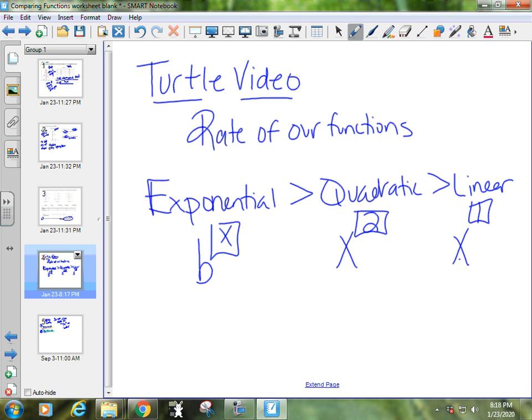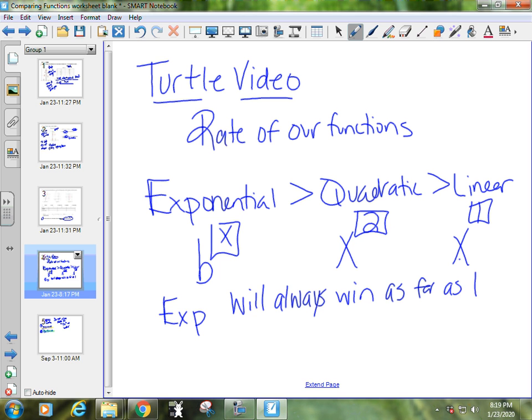So exponential will always win in the rate. It will look like quadratic might take the lead, but exponential will always win as far as the rate goes. Okay, so use that.